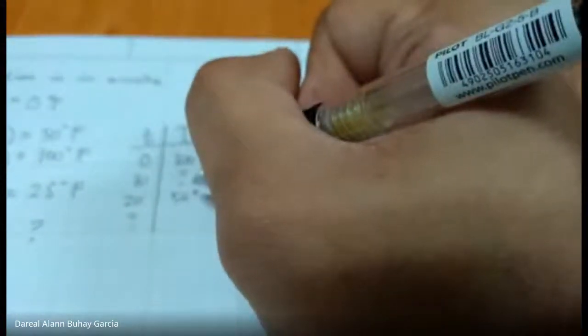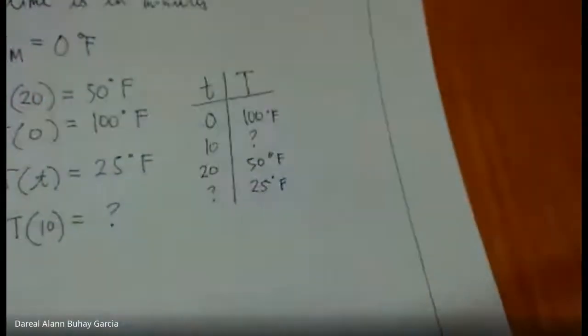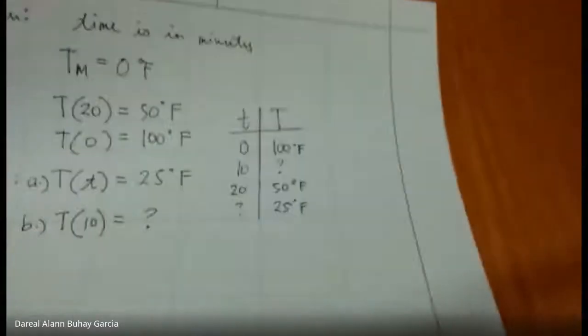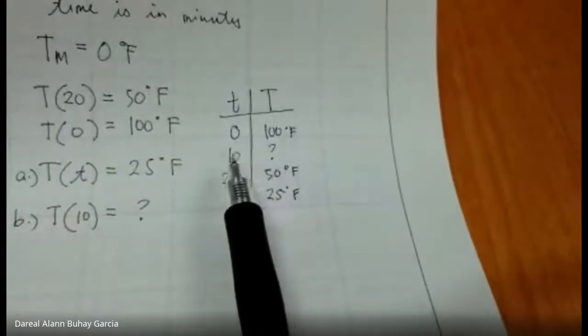At what time pod na 25? Okay? Kung i-graph ko na to, guys, initially, 100 siya. At after 10 minutes, pila. Kaya after 20 minutes, 50 naman. And pila pod ang time na 25 degrees Fahrenheit siya. So in summary, mao nga atong situation. Okay?